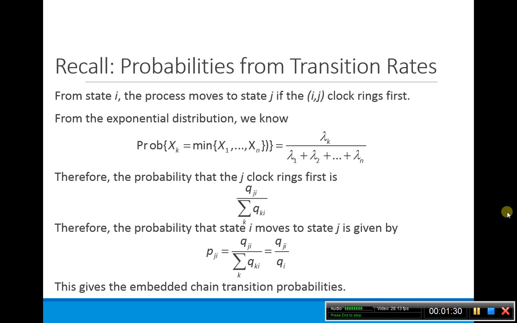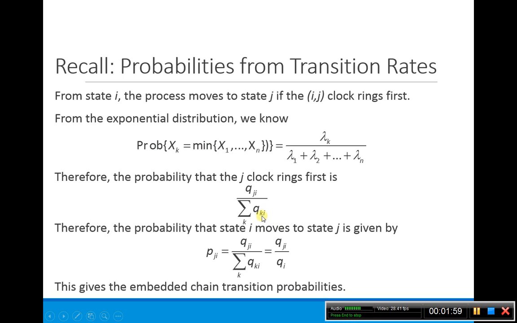Okay, so now what's the probability of transitioning to a certain state? You need to know how long you're going to stay in a state if you want to simulate this. You also need to know which state you're going to go to. So how do you code which state you're going to go to? Remember, you figure out the probability of going to state J by looking at the rate QJI, the rate at which you go from state I to state J, divided by the sum of all of the rates that you can get to from all of the different states.